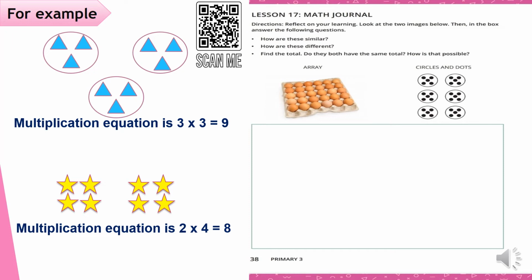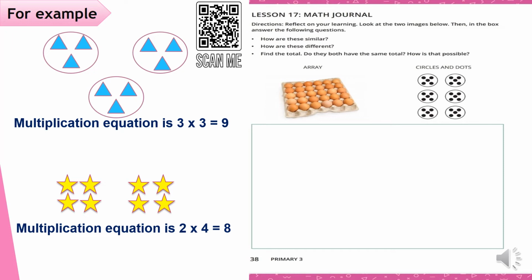Here in lesson 17, the math journal, we have 2 images and I want to answer these questions. How are these images similar? How are these different? And find the total. Now I can say in the first image I have an array of eggs.